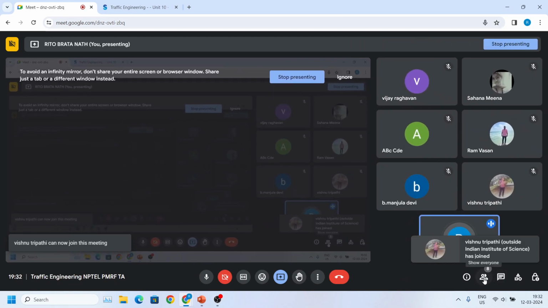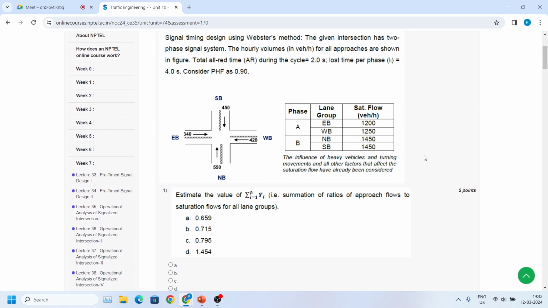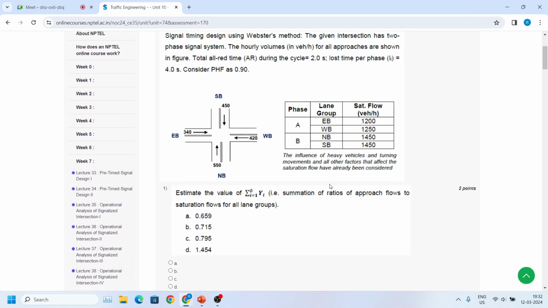In that other example it was not used, but I think you have to use it here in this problem, because that is some equivalent hourly volume that you have to calculate. Only the hourly volumes are shown here and you have to divide them by 0.90. I think you'll be able to get it. It's just division of all these four numbers by 0.9.